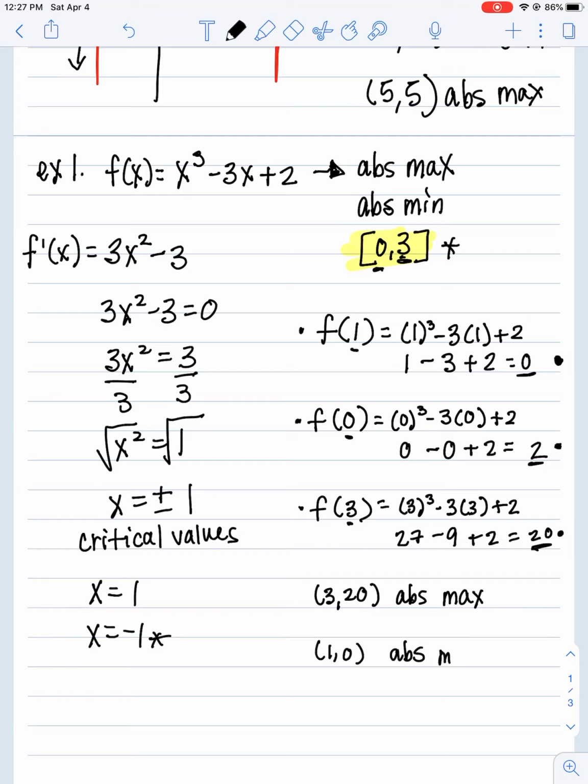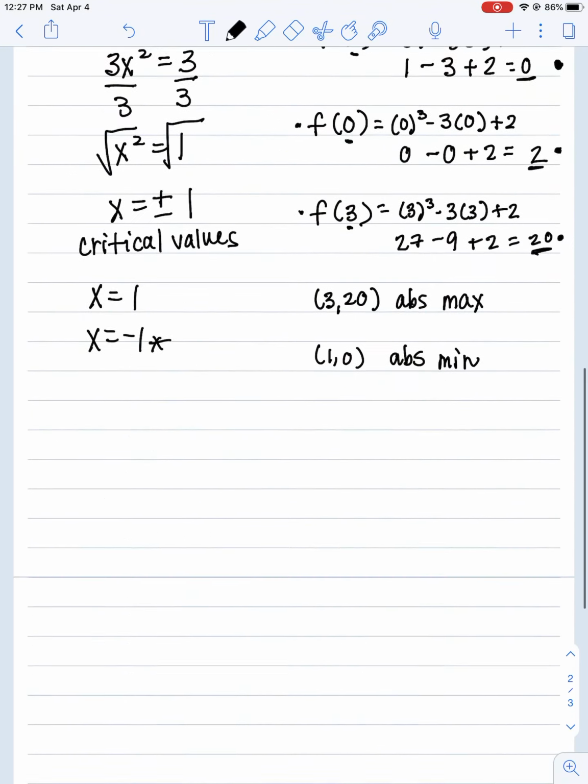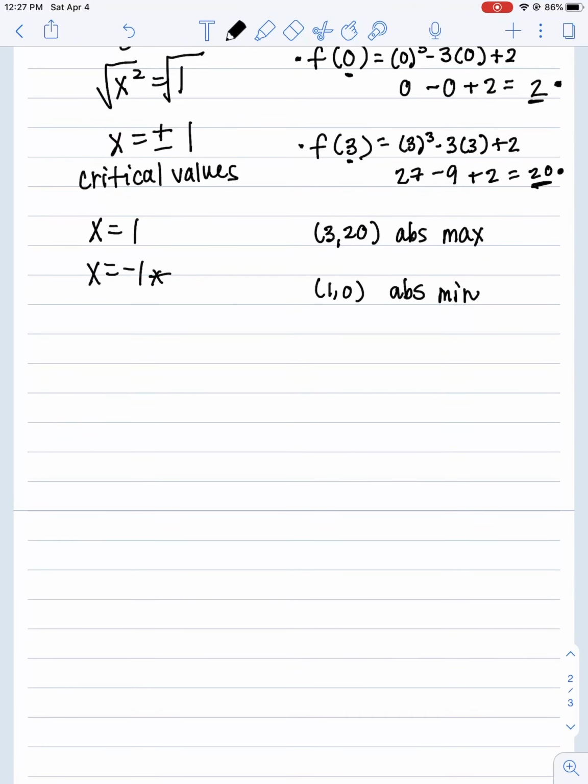And 0 is the lowest, which means 0 is my absolute minimum. Okay, and so there's my absolute min and my absolute max, and that concludes 3.1 max-min principle number 1.